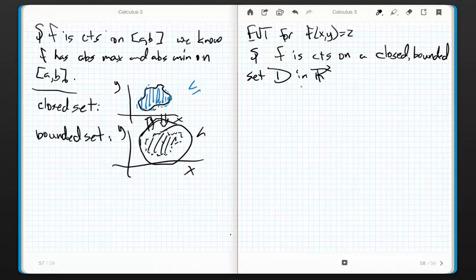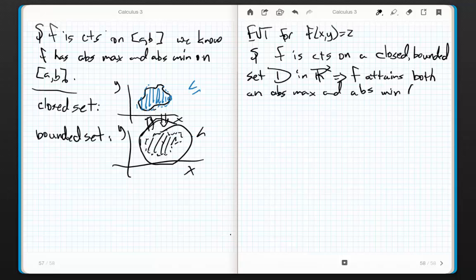So what they're telling us is, suppose that our domain is closed and bounded. This implies that f attains both an absolute max and an absolute min.